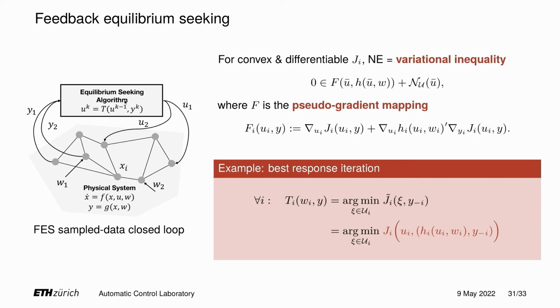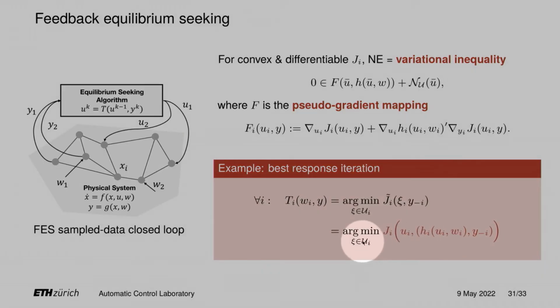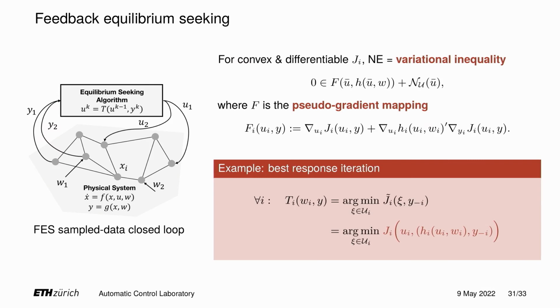The equilibrium-seeking algorithm could be one of the ones that we have seen before, but it could be the best response iteration, right, given the output of the others. Differently from before, that's a best response, but when you don't know what the others are doing, you know the output of the physical system affected by the others. And so what you typically get in this iteration is a transient output of the system, right? Which makes the analysis a little bit more involved.